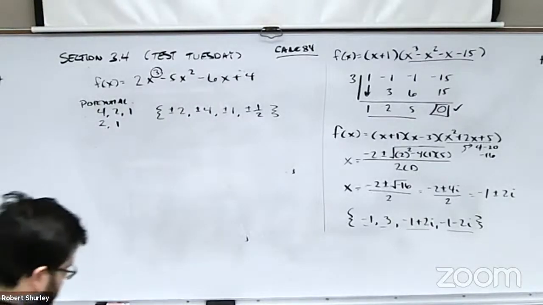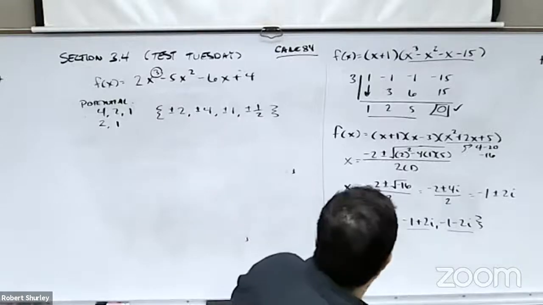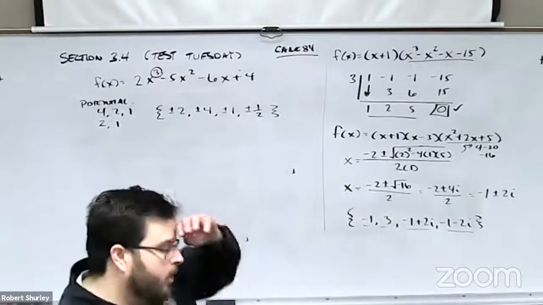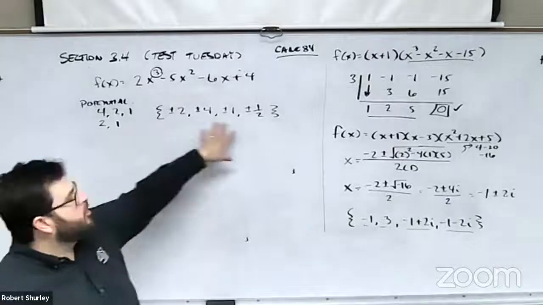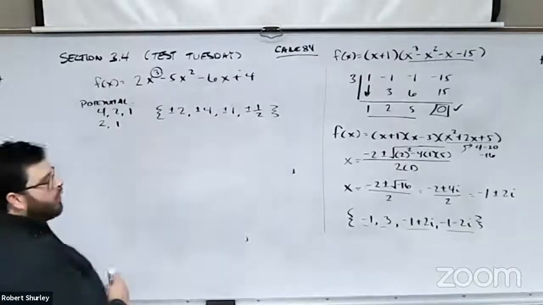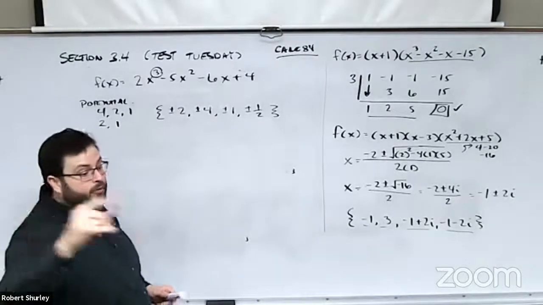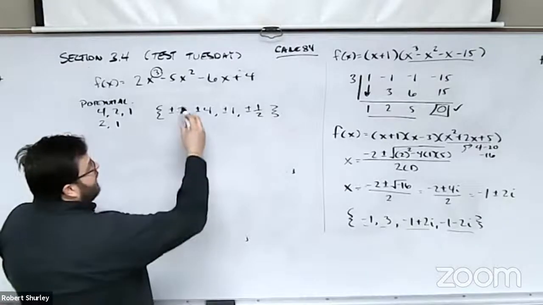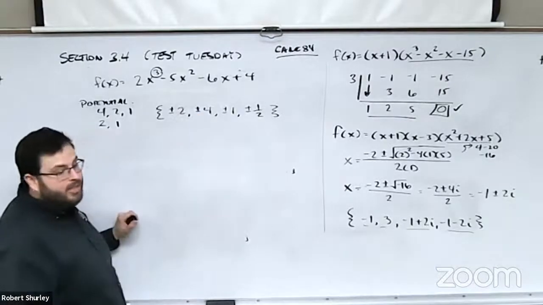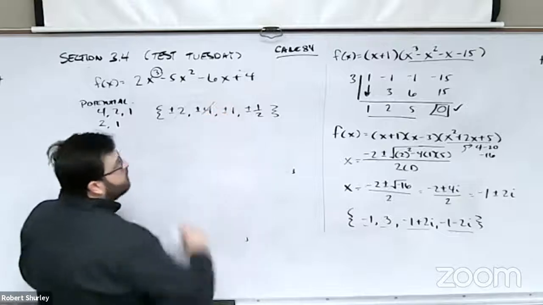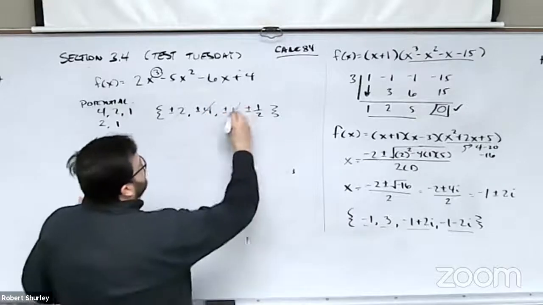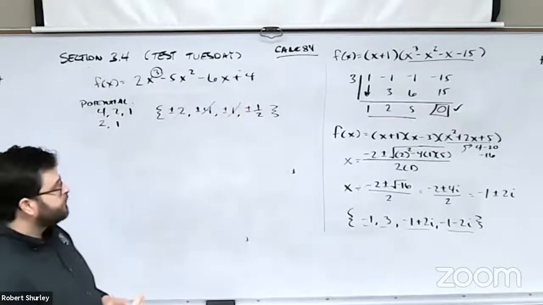And that's not a huge deal, but I wanted to go over this because we've got these potential zeros, but we know if you look at that graph, you will know that positive or negative 2 is not a 0. Positive or negative 4 is not a 0. Positive or negative 1 is not a 0.